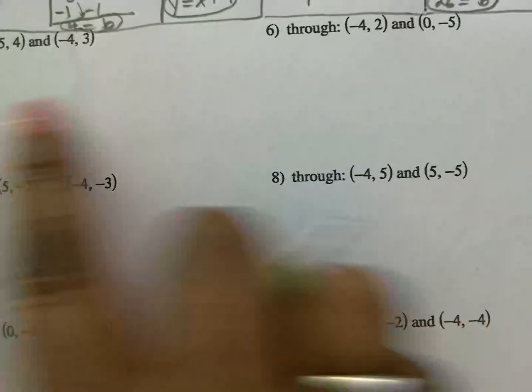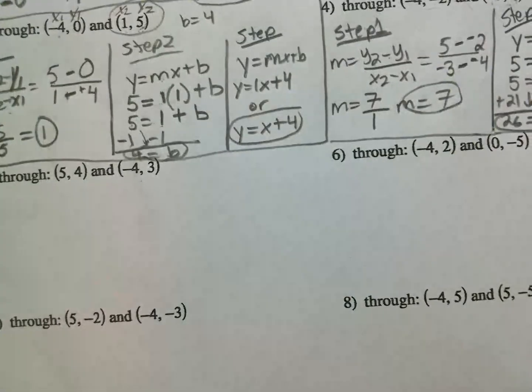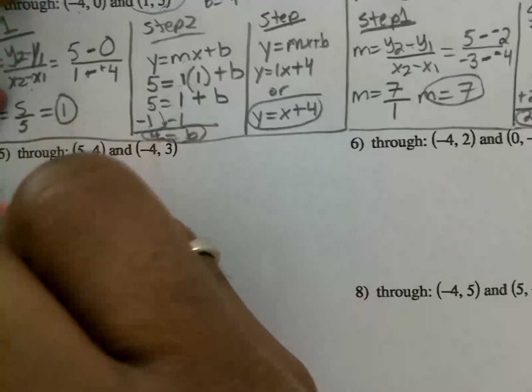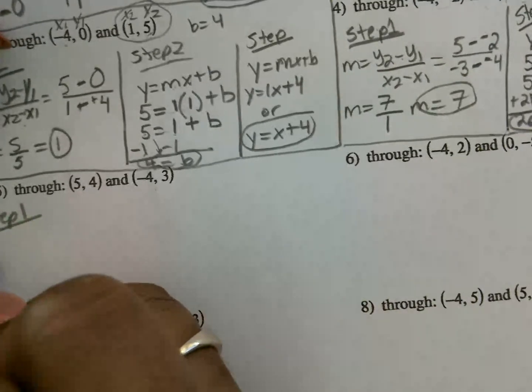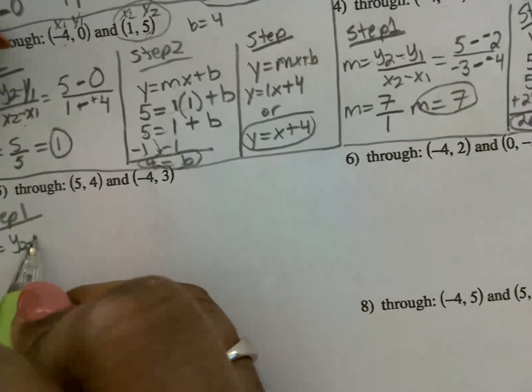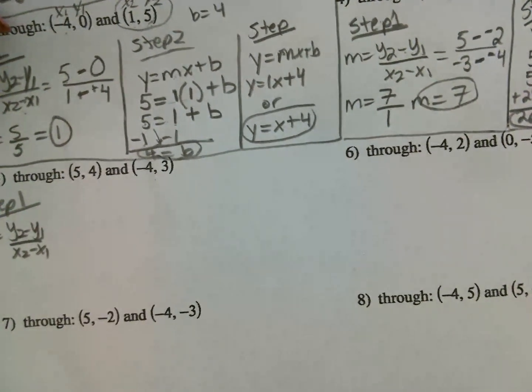All right, so now I want you to try. I want you to do the rest of these on your own, please. Do not forget to find the slope. Okay? So step 1, don't forget to find the slope. y2 minus y1 over x2 minus x1.